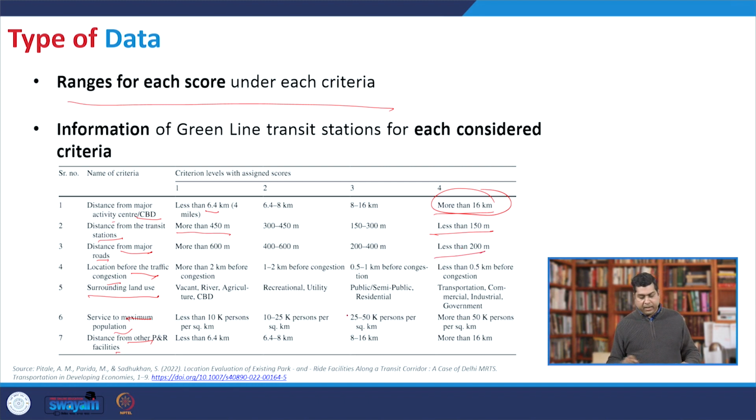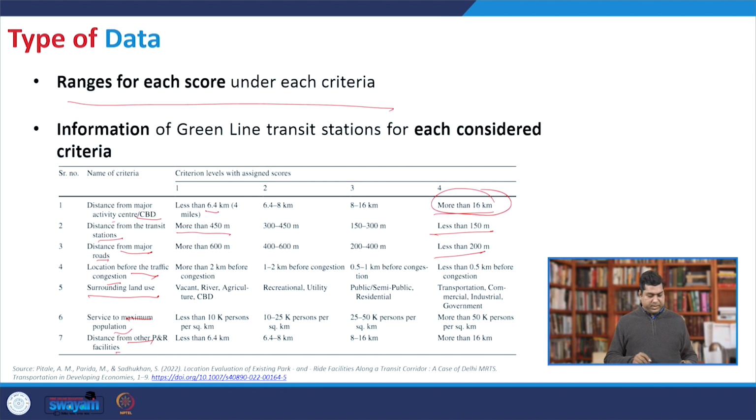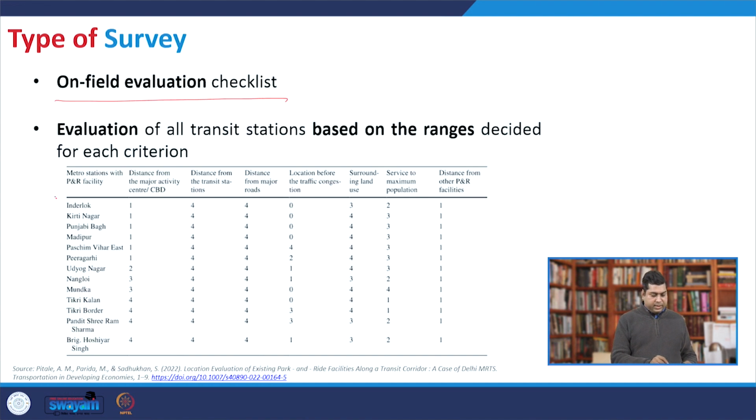So like that we have defined this, and after that we made some sort of on-field evaluation checklist. We went to each and every station and gave the score which fits based on this. So these are nothing but all the stations in the green line and their scores.